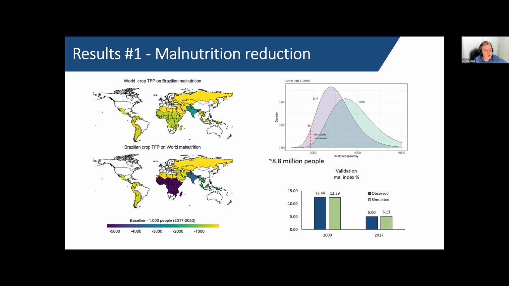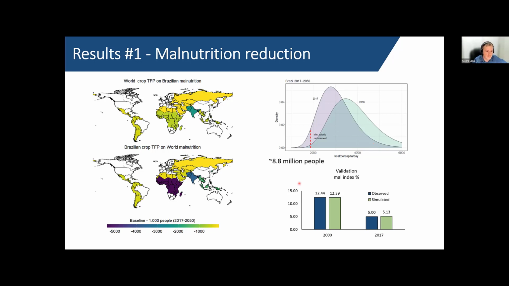In the baseline scenario, we are projecting that it's possible to reduce food insecurity by around 80.8 million people in Brazil if you just keep the agricultural investment. The idea is that we move the calorie intake to the right, increasing the average. Of course, we are not tracking the change in diet or in the distribution, so it's just the average kilocalorie intake.